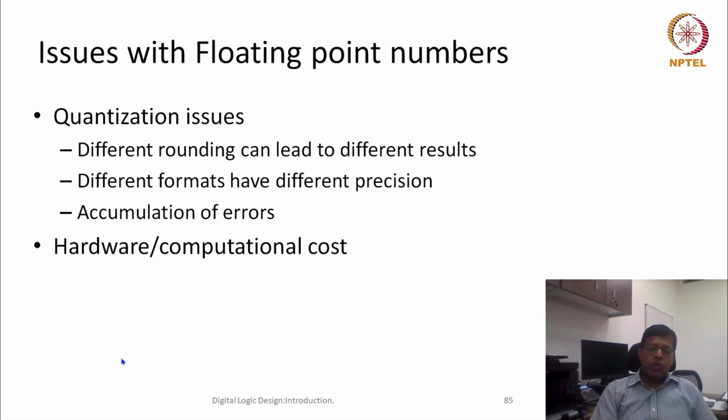One thing which has been observed: whenever we are representing floating point numbers, let's say if I want to do addition in these floating point numbers, how would the addition have to be done? How do we do addition in our scientific form?